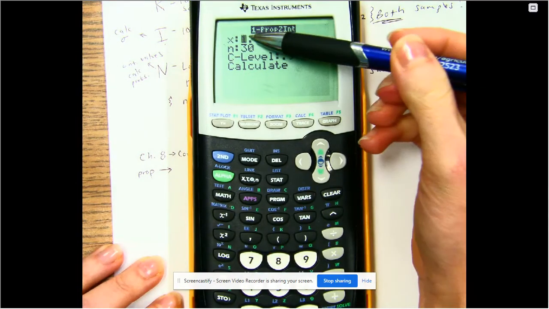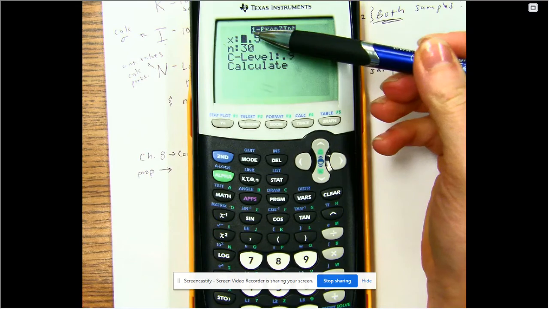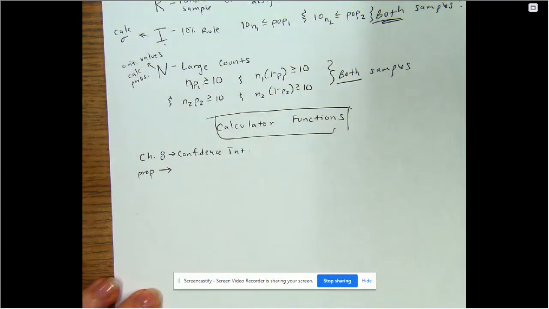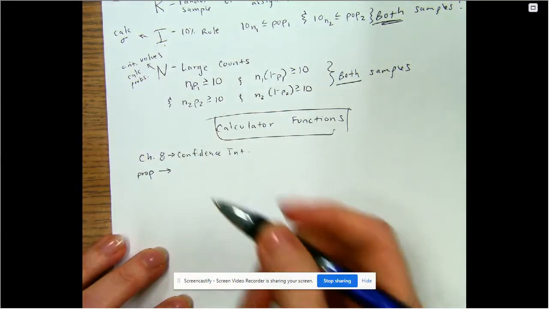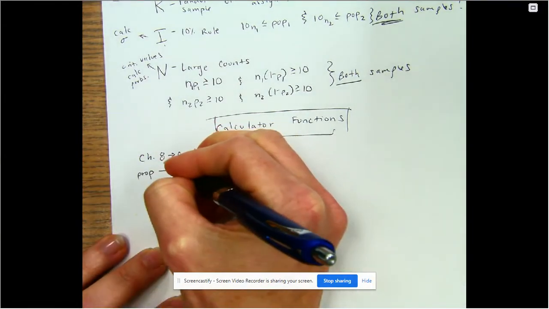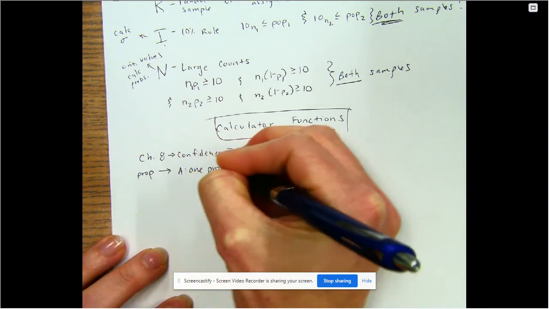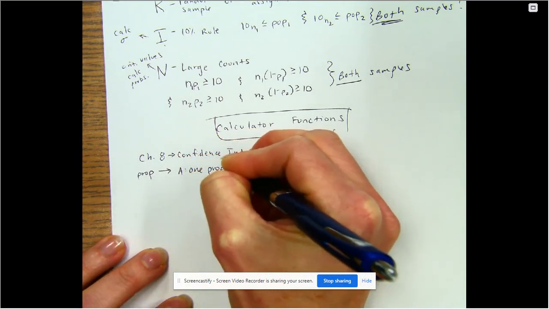And remember the things they asked you for: your x over n, because your p hat is just the number of successes over your sample size, and it asks you for your confidence level. So for proportions, you would scroll down to A to get to 1 proportion z interval.